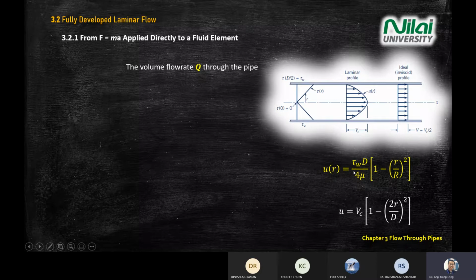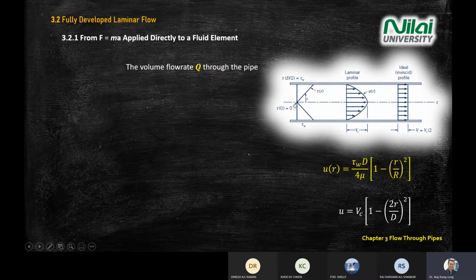We can also rewrite this equation in the white color one, replacing the shear stress at the wall times the diameter of the pipe divided by 4 times the dynamic viscosity. This one will equal the velocity at the center. This term equals Vc. Vc is the velocity at the center.